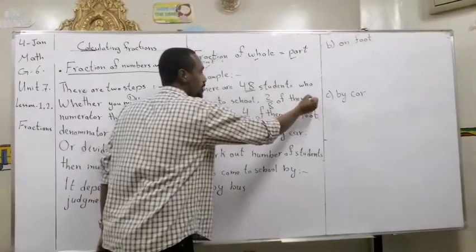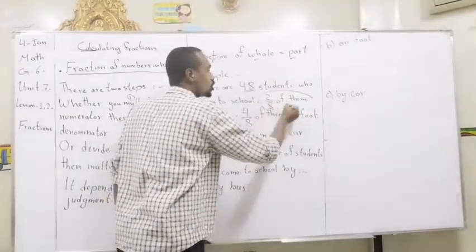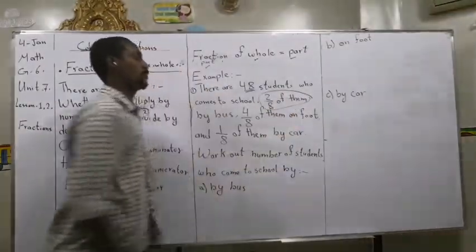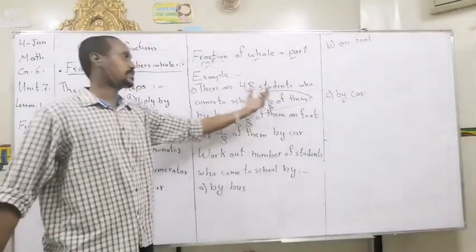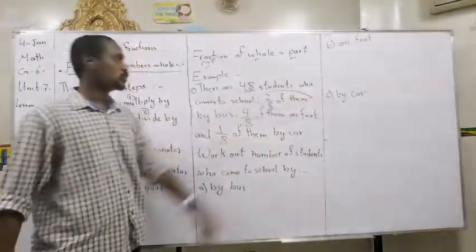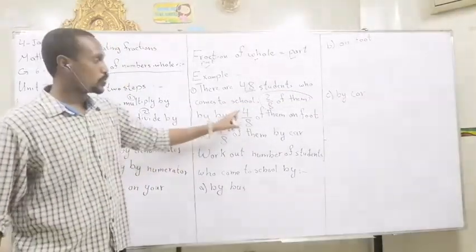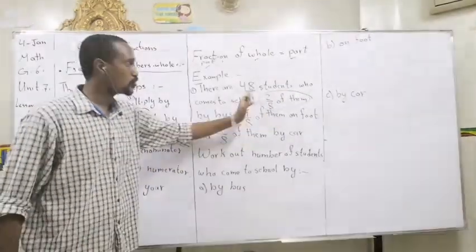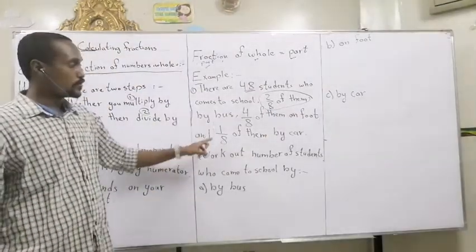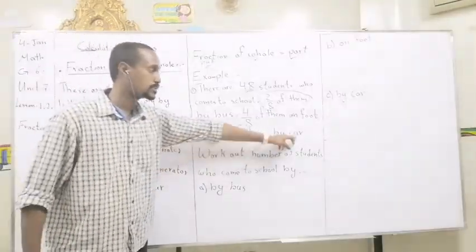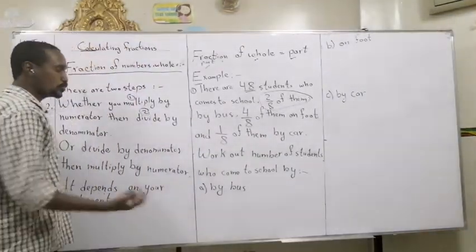Listen, you should remember whenever you see this fraction of, then find a number. 4 over 8 of them, or of 48, come on foot, and 2 over 8 of them come by car.